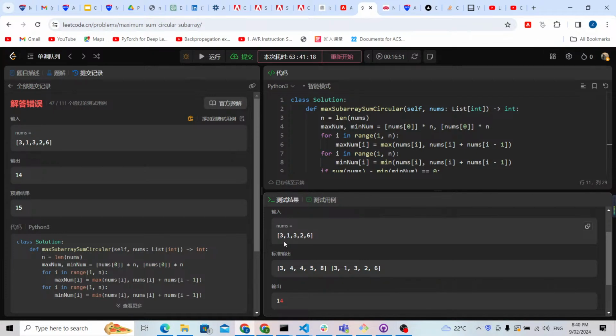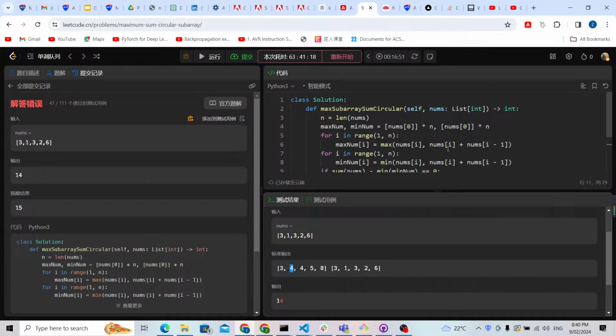So I cannot use this formula because this dp calculation is not right. For example, from here, this is 3, here should be 4, and for the next one, I need to use the previous element, but I didn't. So I have to use the previous element to check if it's going to be a bigger value.